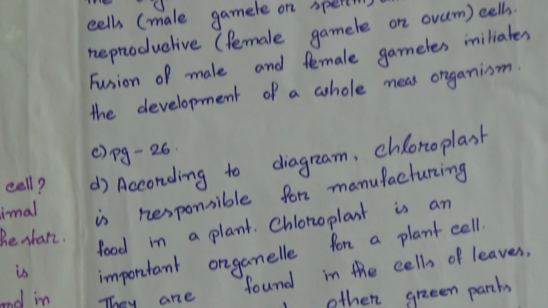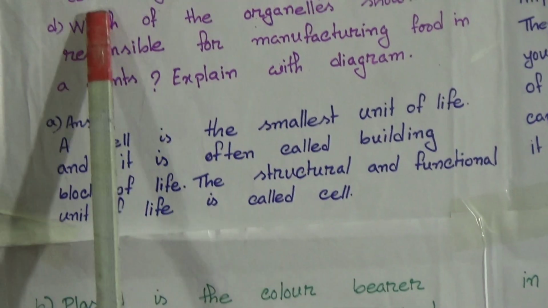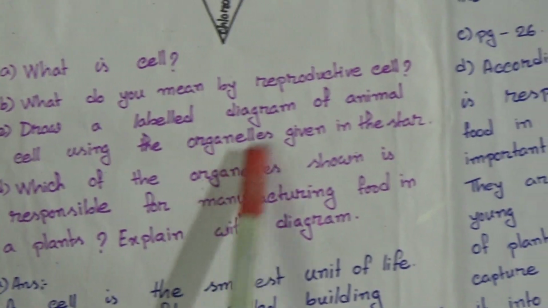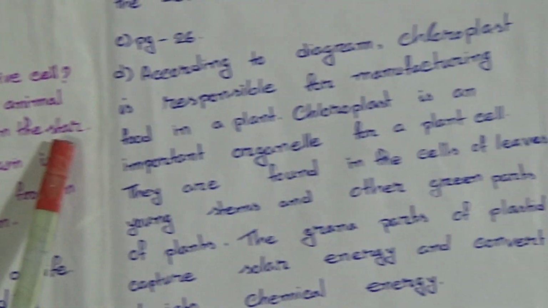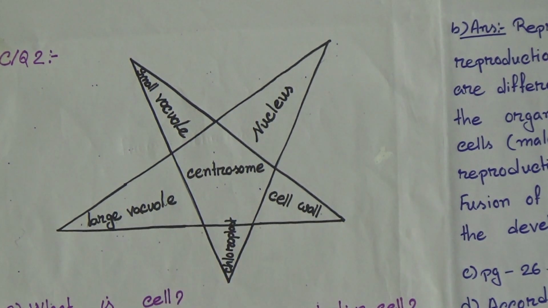Number C. Draw a labeled diagram of animal cell using the organelles given in the star. So you have to draw an animal cell, and in the animal cell you will show these organelles which are written in this star.